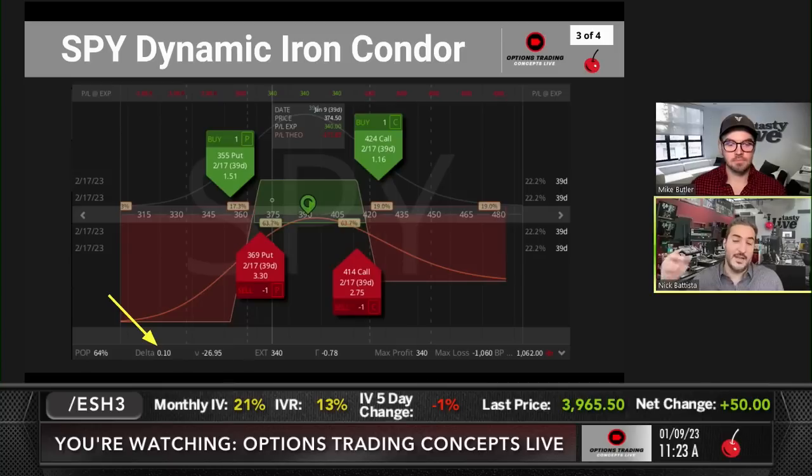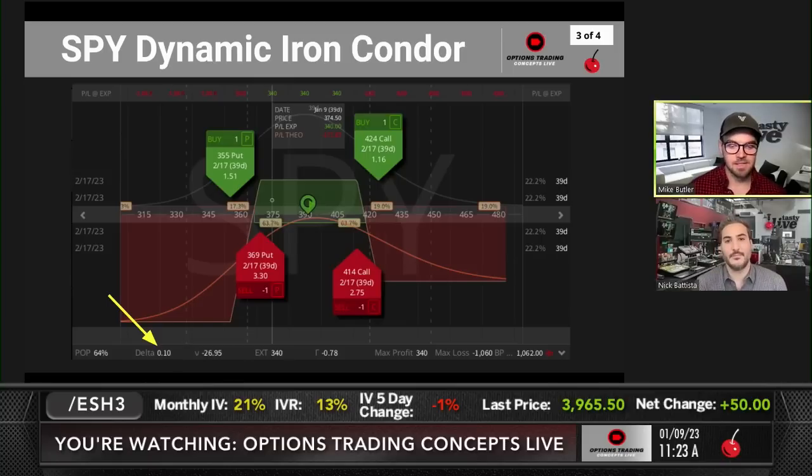On the call side, you've got a $10 wide call spread. On the put side, you've got a $14 wide put spread. That's the put skew that's present in SPY here, in that to get that flat delta, and you can see I have 0.1 deltas here, basically zero, you've got to have more risk on the downside, and then of course less risk on the upside.